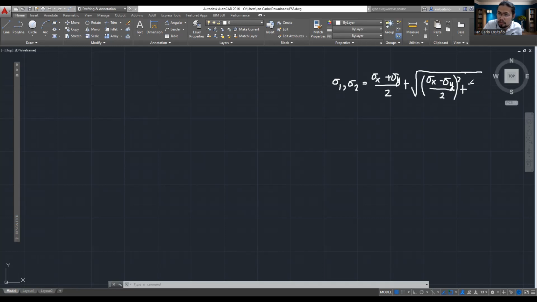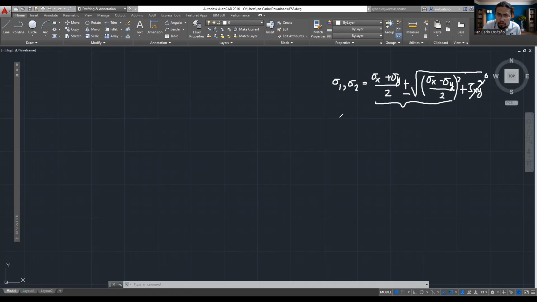This is the shear, but this is 0 in this case because we have 0 shear, right? So it simplifies the equation itself. This is going to be plus or minus since you have a square root.